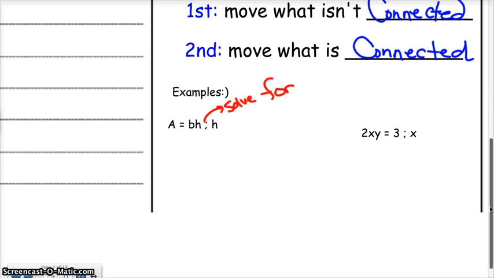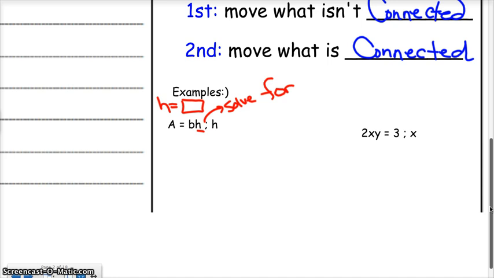So area is equal to base times height, solve for h. My strategy: I underline what I'm solving for. Solve means get alone, so I want it to be h is equal to something. And I just start applying inverse operations.